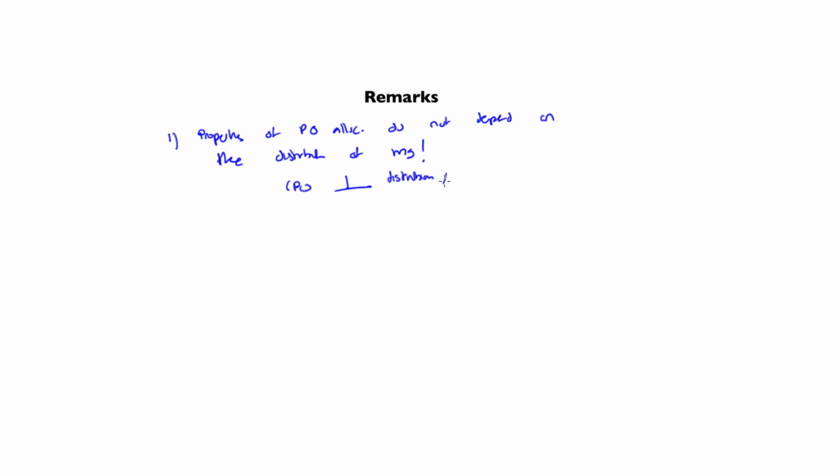These are different concepts. The second thing is that now we get a formula for how to characterize, that is, how to find, Pareto optimal allocations.